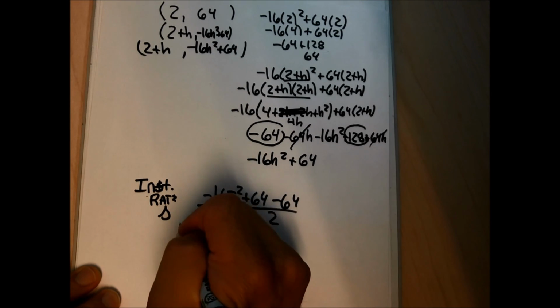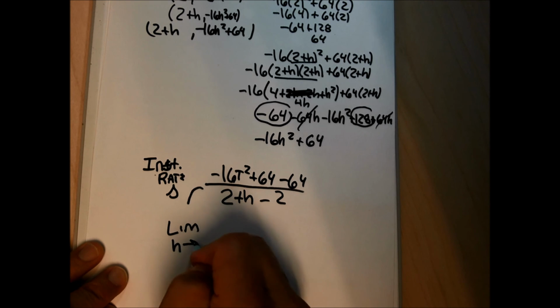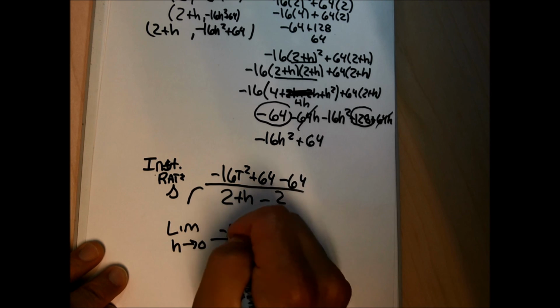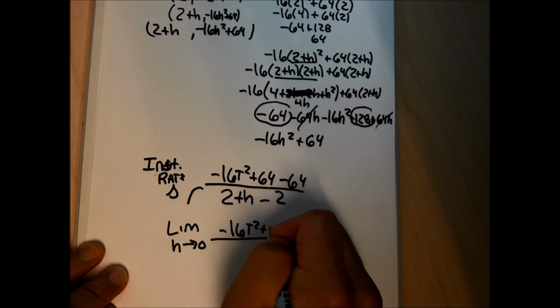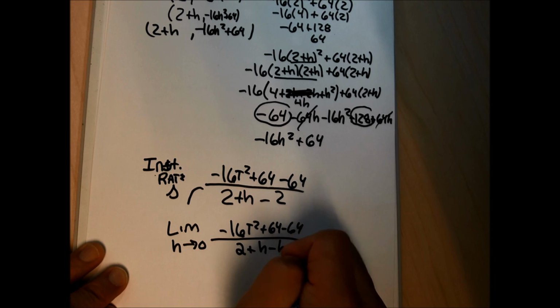And I need to sneak in here, so let me write this better. I forgot to write the limit as h goes to 0 of negative 16h squared plus 64 minus 64 over 2 plus h minus 2.